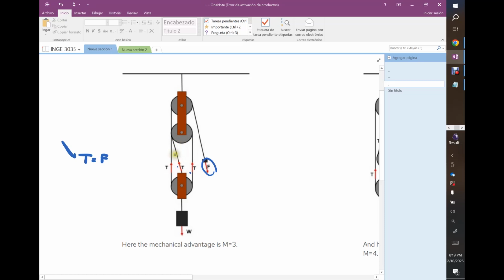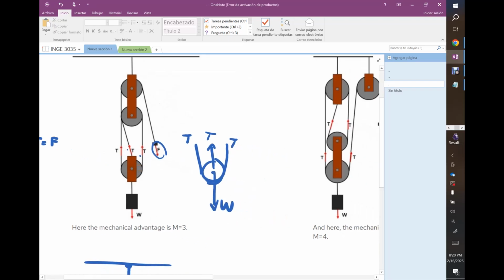So if I do a free body diagram for that pulley, we end up having a tension T going up, another tension T on the rope that is wrapping the pulley. So you have another T here, another T here, and also the weight of the object W. So basically W is being lifted.